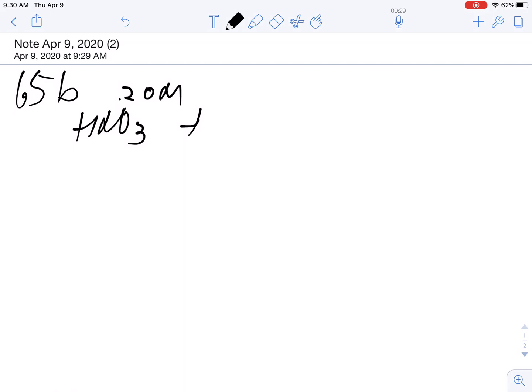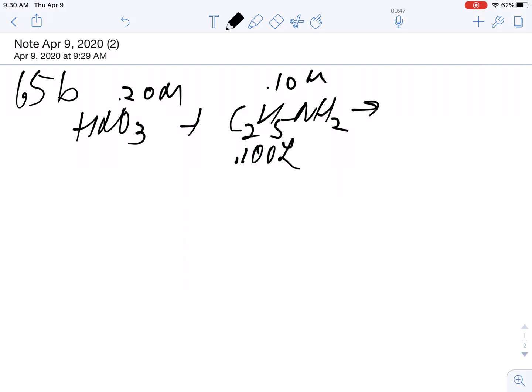and we've got this weak base, and its concentration is 0.1 molar, and I've got 100 milliliters of it. All right, so that's our reaction.